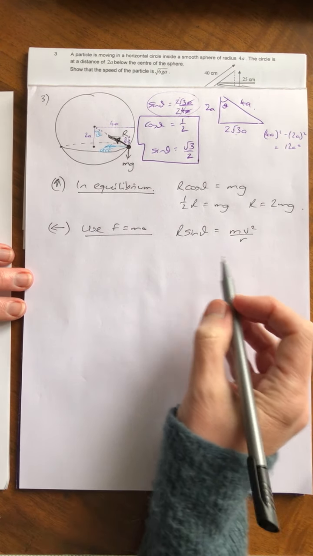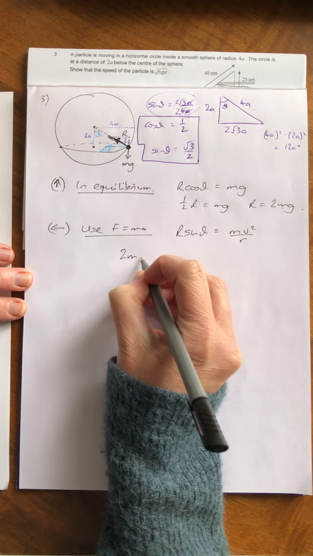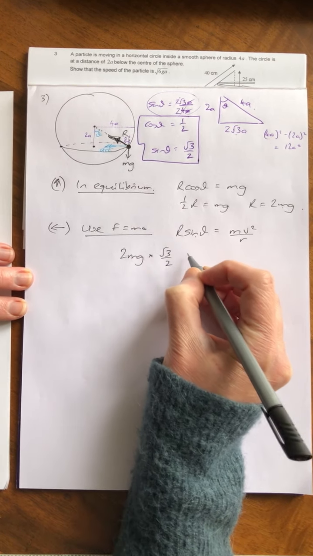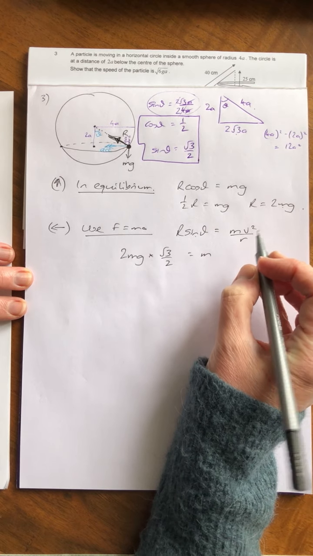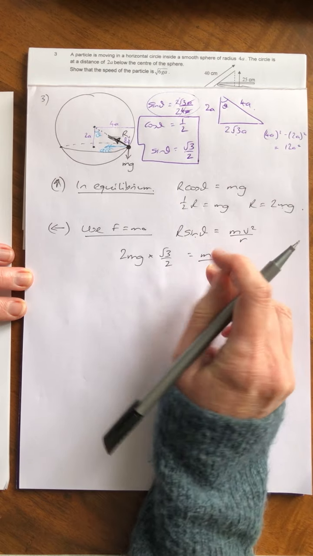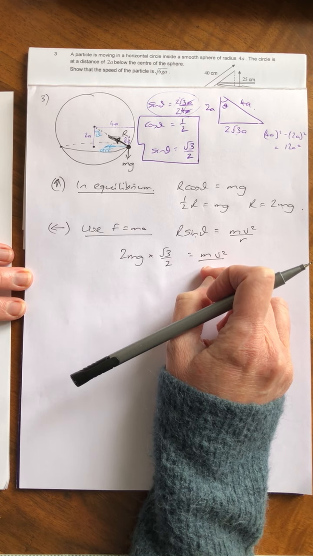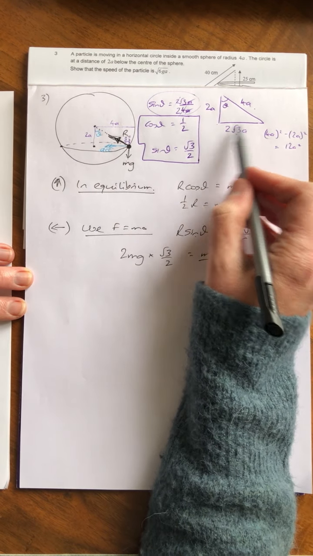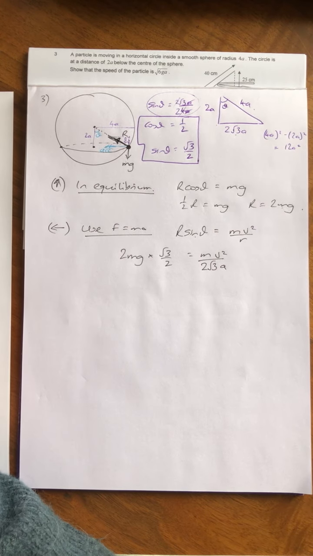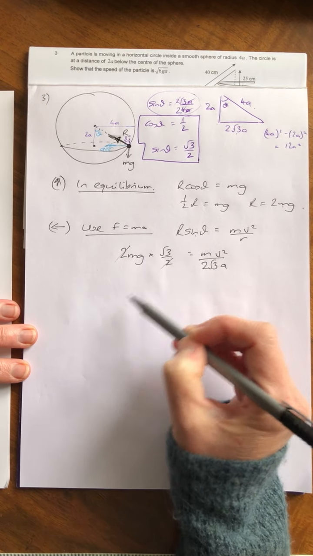I have got my R, which I know is 2mg, sine theta, which is root 3 over 2. Mass times v squared, which is what we have to find, over r, and r is 2 root 3a. That 2 cancels with that 2.